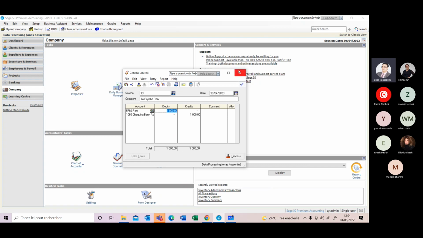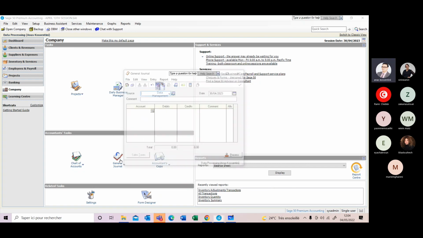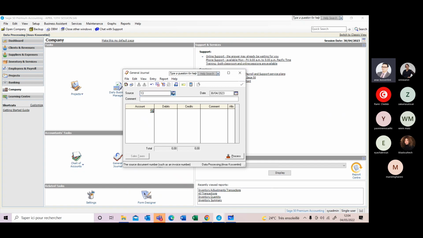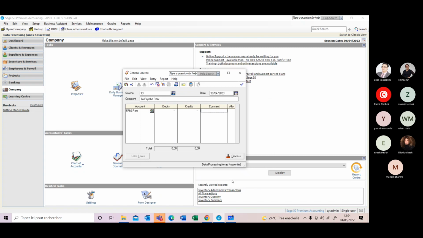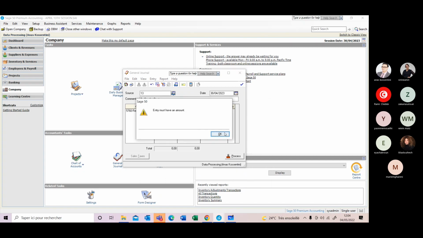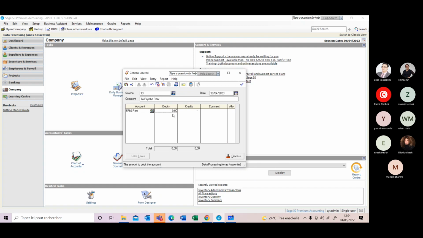Okay, so I discard the general journal. I enter the source again. Put in the debit side, rent, and we can put it as $1.